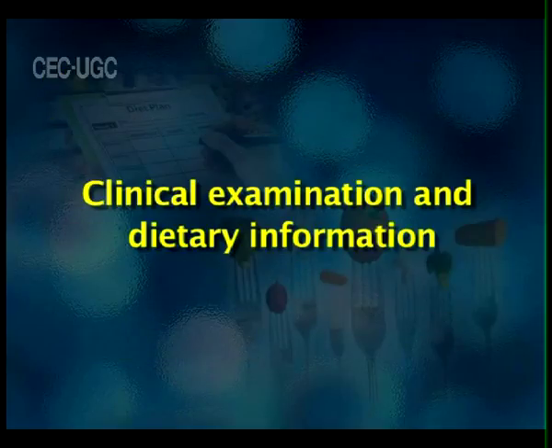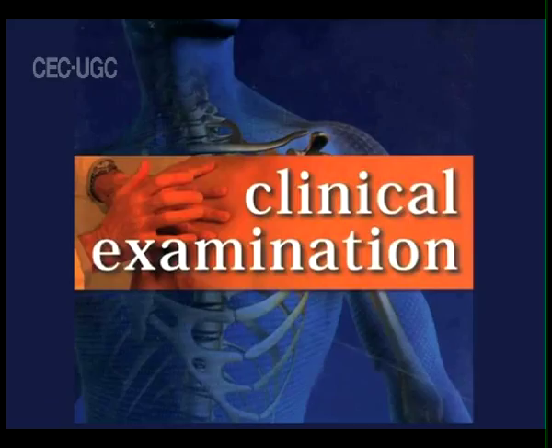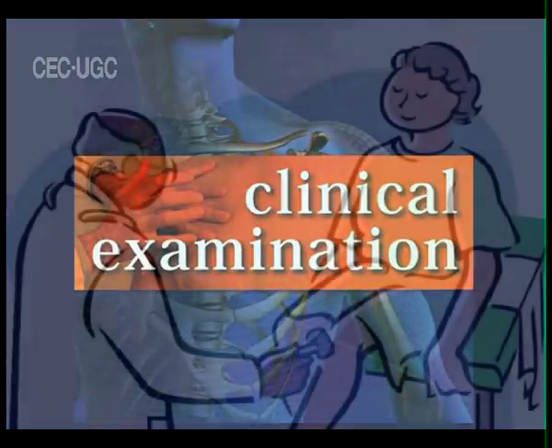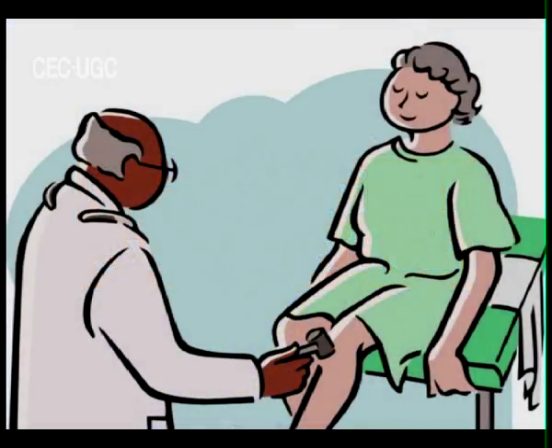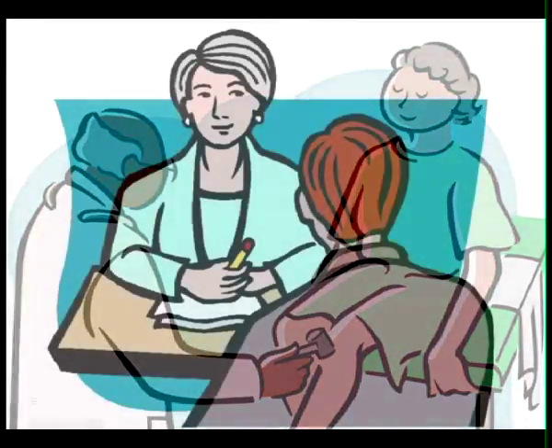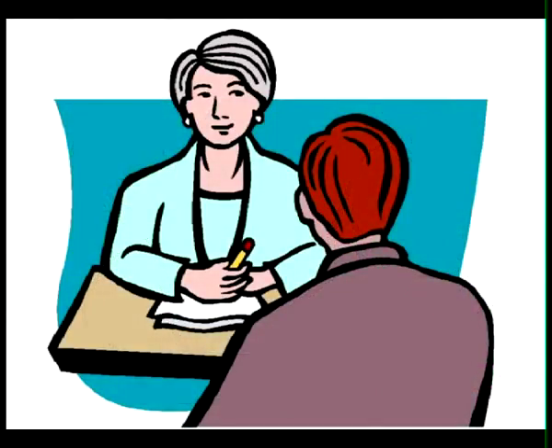Now we will see how clinical examination and dietary information affect the nutritional status of an individual. Clinical examination assesses the various levels of health of an individual or of population groups in relation to the food they consume. It is the simplest and practical method.